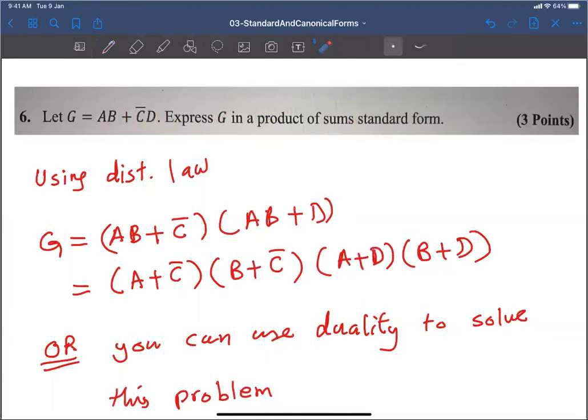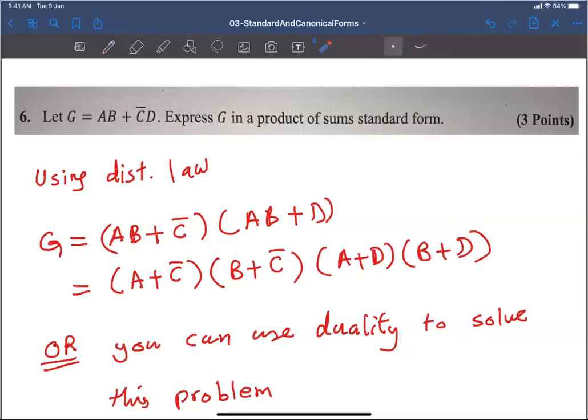We can OR it with AB, and then take D, OR it with AB. And then take the C complement and OR it with A once, and then take the C complement and OR it with B once. So you get these four sums that are multiplied by each other. This is the first solution.